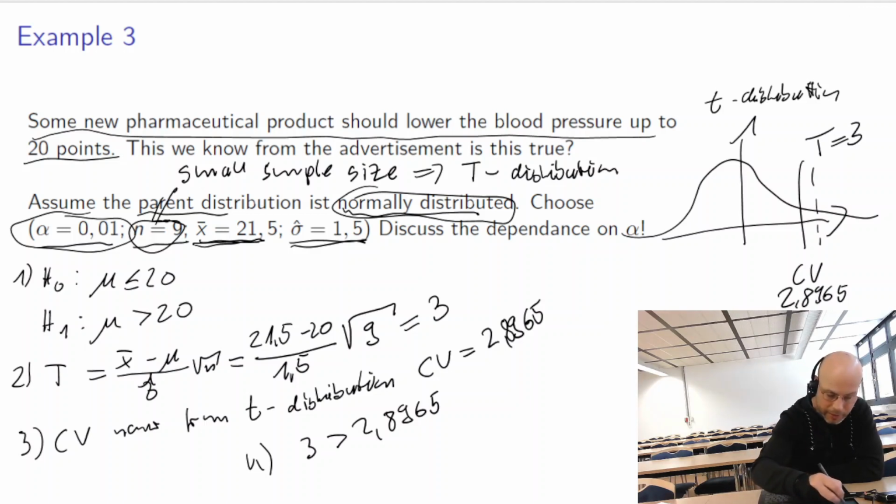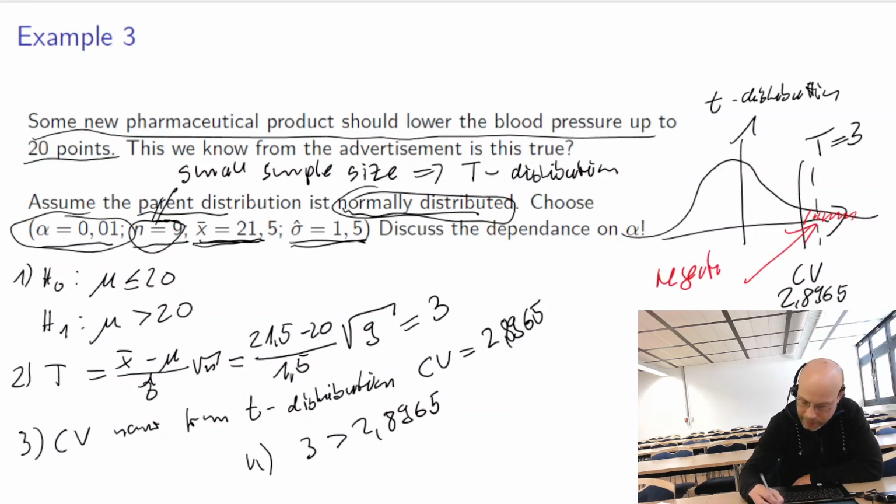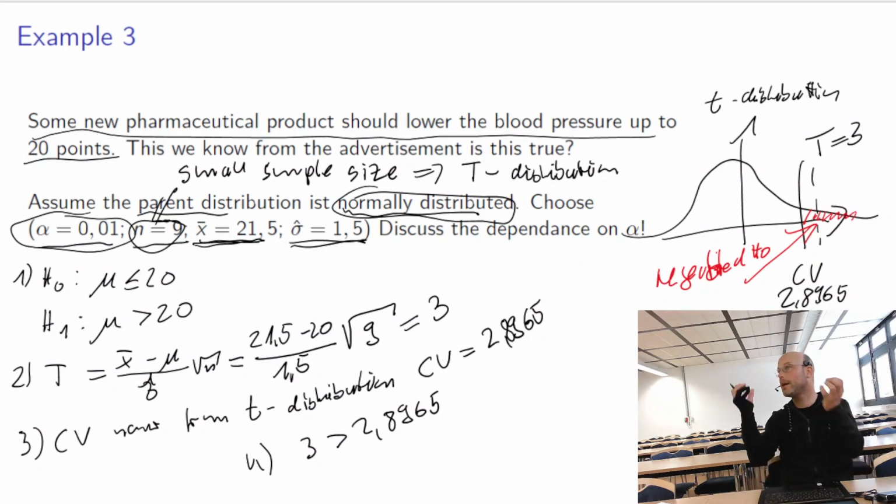And we are happy since we are within this area and therefore reject H0, and we are happy this product really is lowering the blood pressure more than 20 points, but of course using this given error probability.